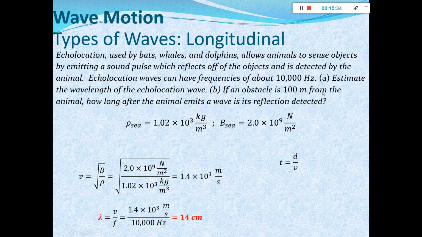Now the obstacle is 100 meters away from the animal, but just like with the bird, the pulse that's being emitted by the animal is going to go 100 meters to the obstacle and then back to the animal. So it's going to do double duty and go 200 meters. So we have to double that distance, and we get that it would take 0.14 seconds.